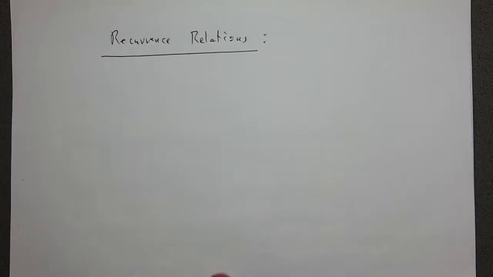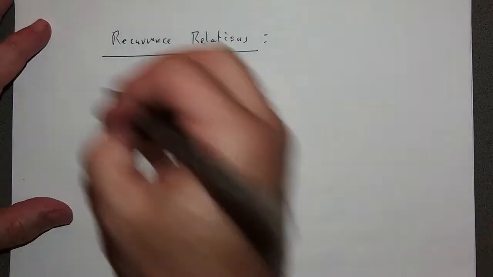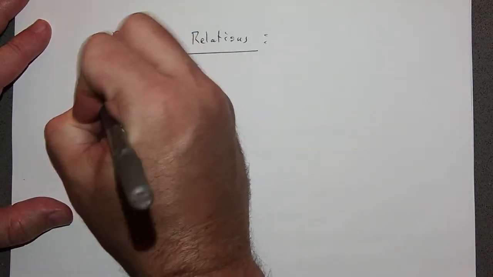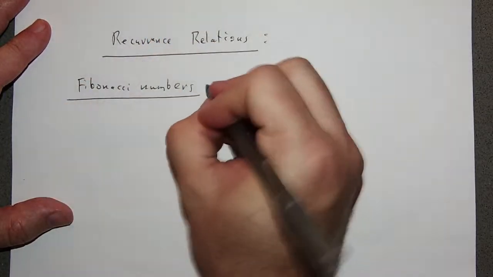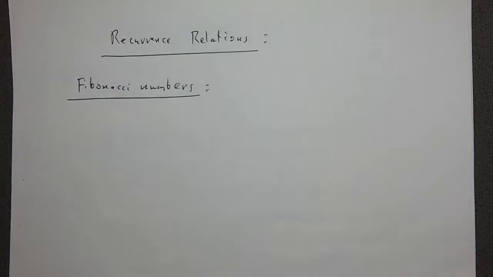Whenever you talk about recurrence relations, the most canonical example is the Fibonacci sequence, the sequence that defines what are called the Fibonacci numbers. What are the Fibonacci numbers? They are numbers that arise by being the sum of the previous two Fibonacci numbers.